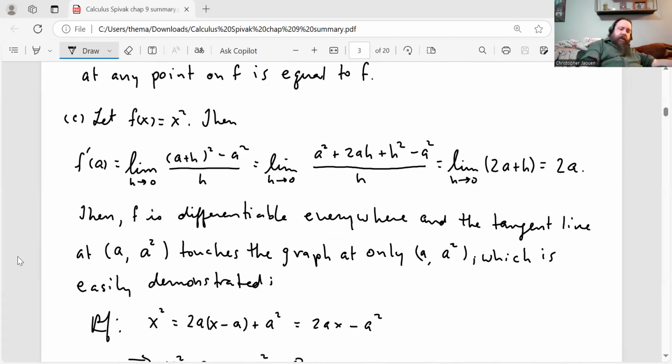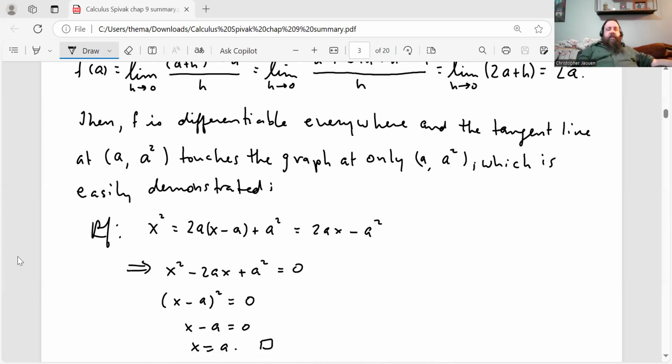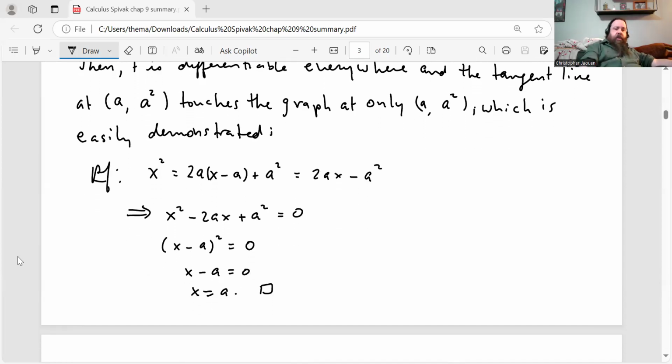So here, if we set the y value of the function equal to the y value of the tangent line, which I have here, and we solve for x, notice that we get only the point x equals a. So the tangent line to the parabola y equals x squared will always intersect at a single point. It's at the point of tangency.